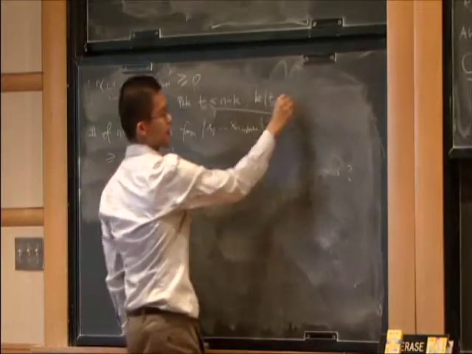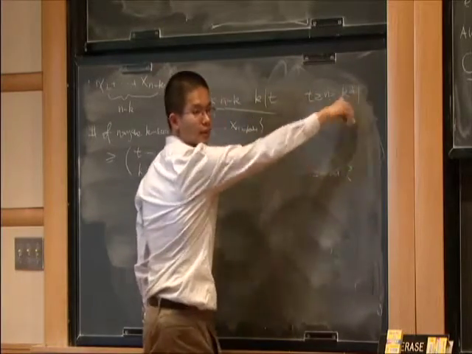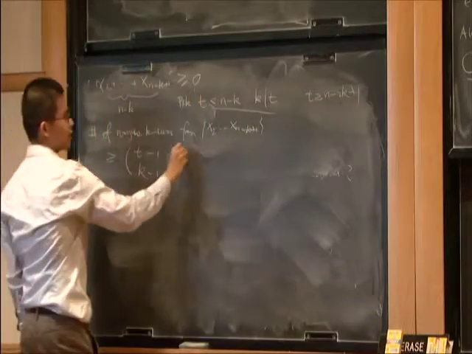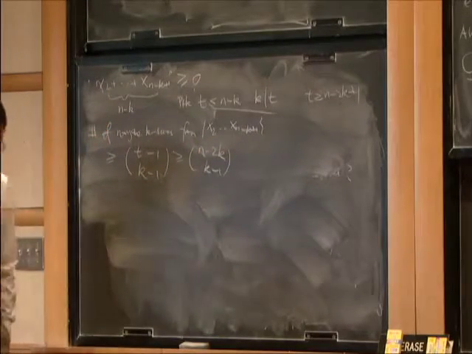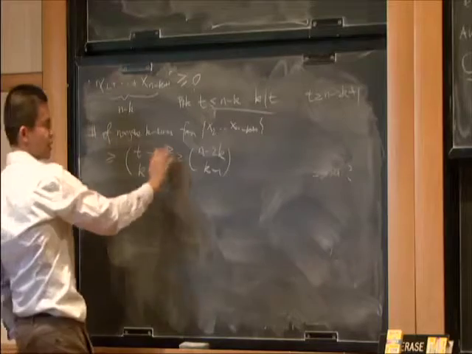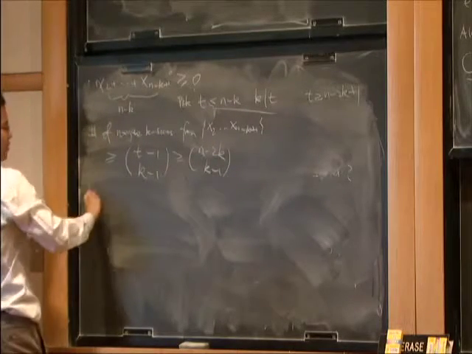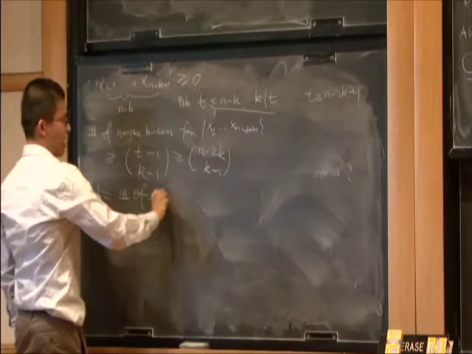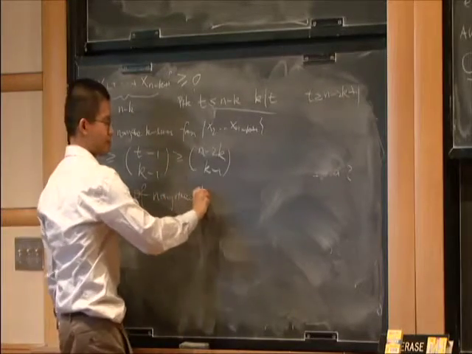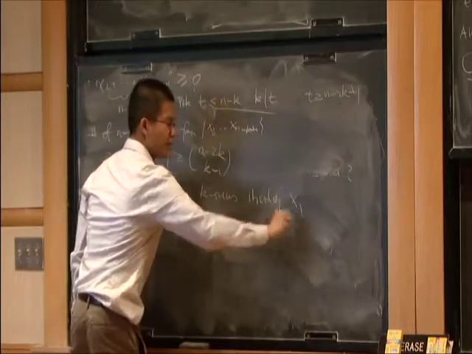You can always pick this t to be greater than or equal to n minus 2k plus 1. So this is greater than or equal to n minus 2k choose k minus 1. So we get a lower bound on the number of non-negative k sums using S2 to S_{n-k+1}. Now I call capital N the number of non-negative k sums involving S1.